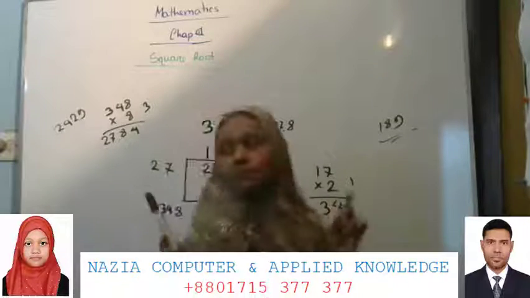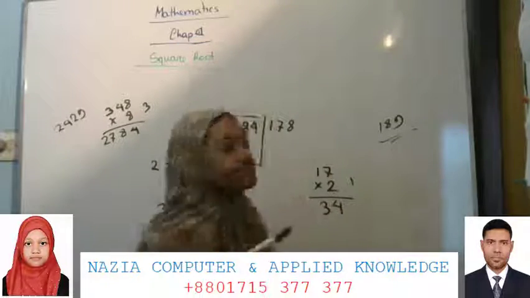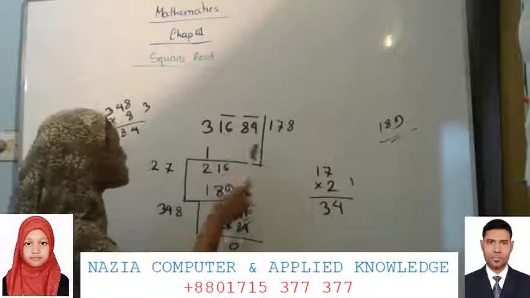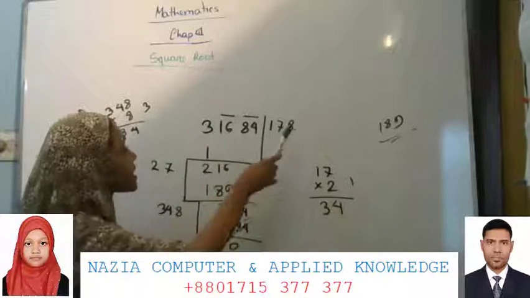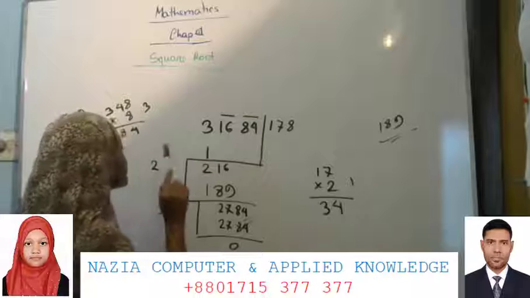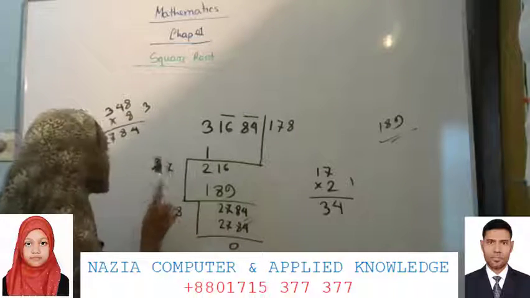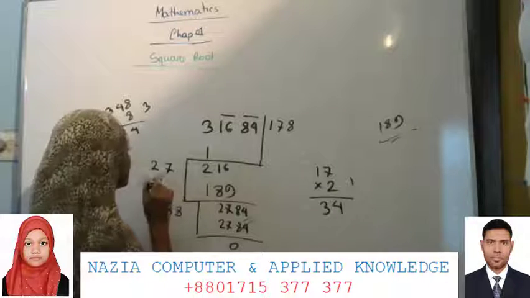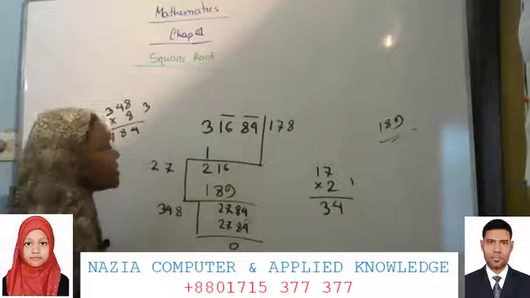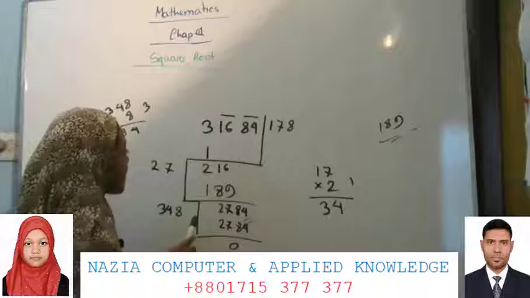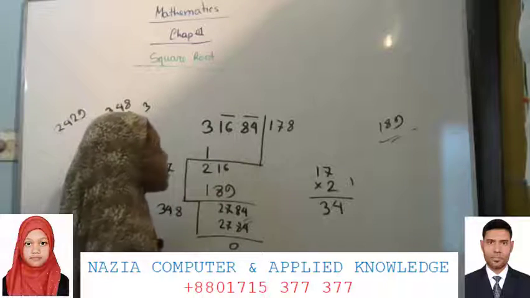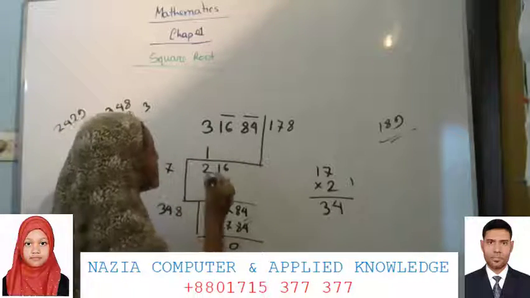And in the process of division, you can see that first there will be the double of it, then a number here and here. The number that will be put here will be multiplied so that it matches or is less than this.